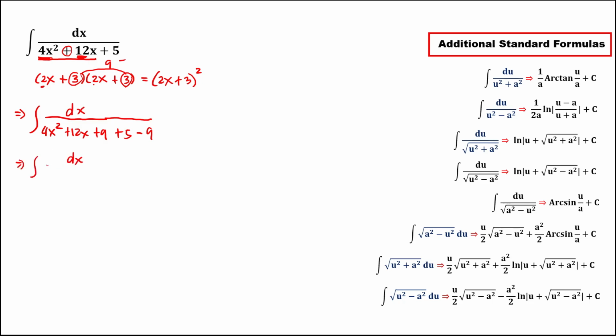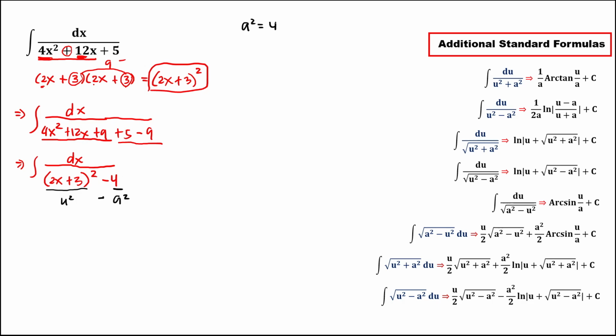So we have dx over, for this 4x squared plus 12x plus 9, that's equal to the quantity of 2x plus 3 to the power 2. Then for this positive 5 minus 9, this is negative 4. So this time we have now the values for u squared minus a squared. So a squared is equal to 4.